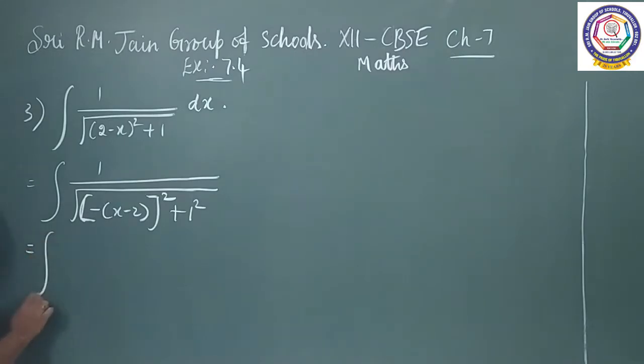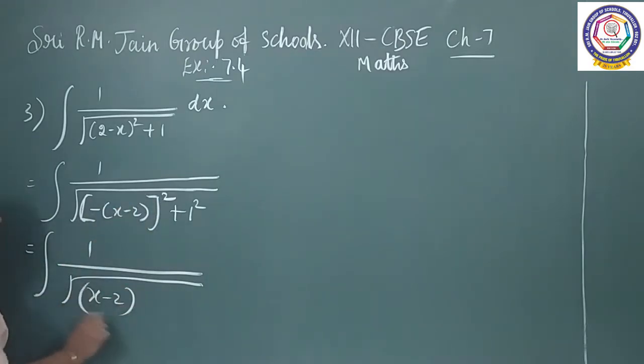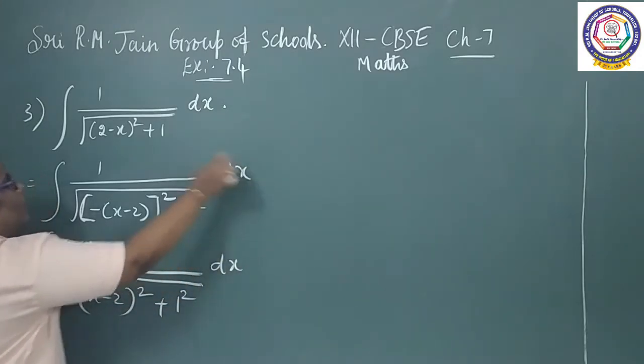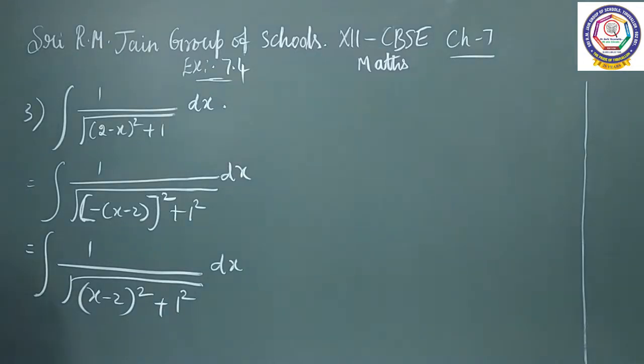So it gives integral 1 by root of, minus becomes plus, (x minus 2) the whole square plus 1 square into dx. In front of x the coefficient minus is there, so I can take it out.